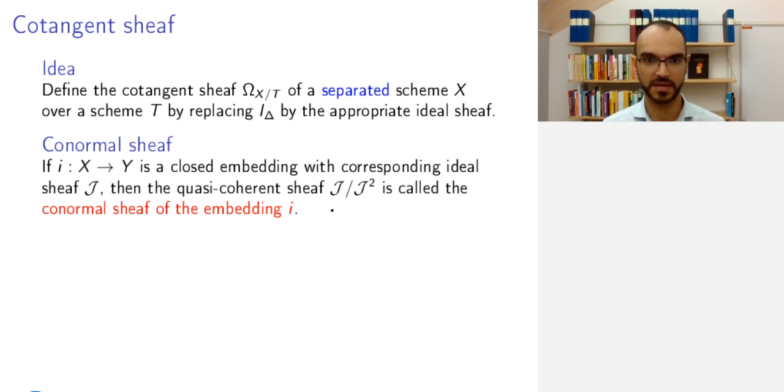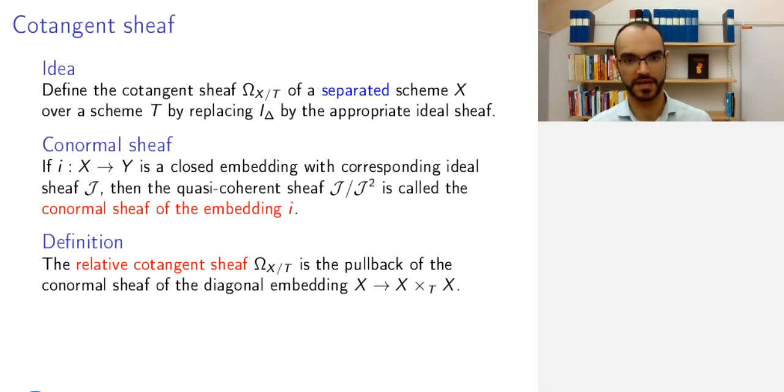So the only thing that needs commenting here is why this is quasi-coherent. Well, J is quasi-coherent. This has been shown. And quotients of quasi-coherent sheaves are quasi-coherent. So we need to see why J squared is quasi-coherent. But this corresponds exactly on affine patches to ideals of the form J squared. So this indeed is quasi-coherent. So this is well defined.